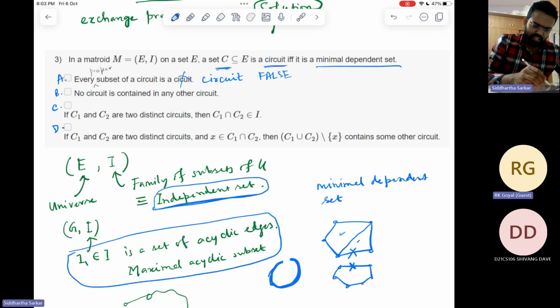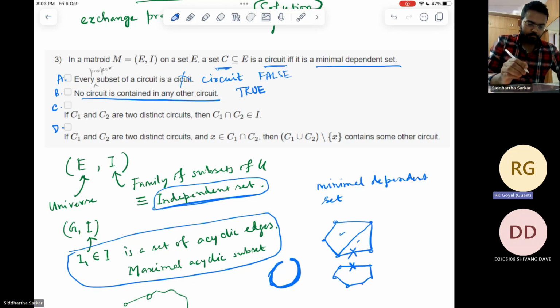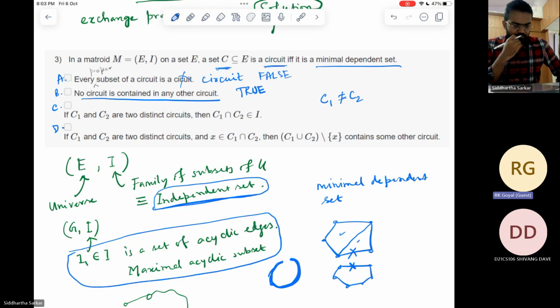So a circuit cannot contain another circuit. No circuit is contained in another circuit. This is true. And if C1 and C2 are two distinct circuits, what does distinctness mean here? The elements of C1 and C2 are not identical, so C1 is not equal to C2. If we take the intersection of C1 and C2, is nothing common between them?